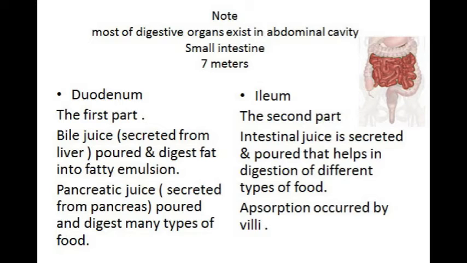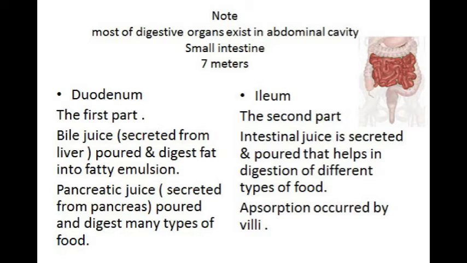This small intestine is about 7 meters. It's very long, by the way, but it's coiled, and it consists of two parts, duodenum and ileum.